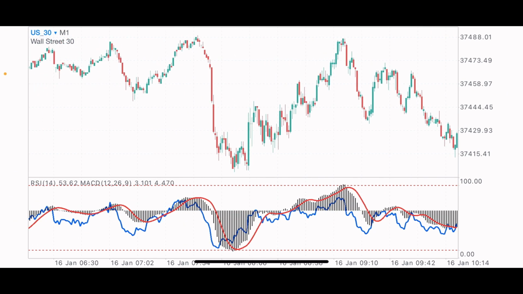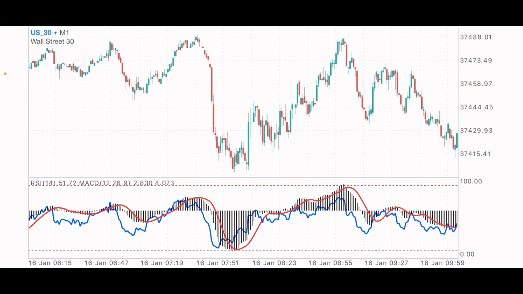I hope you understand what I've said to you guys, and you can use these indicators to trade if you don't want to use price action, or if you don't understand price action, because the price action strategy takes time. It takes time for you to understand, to develop your strategy, and to master your strategy.